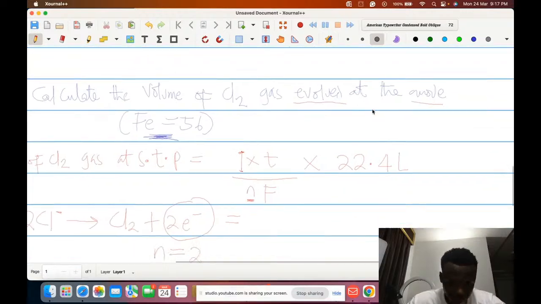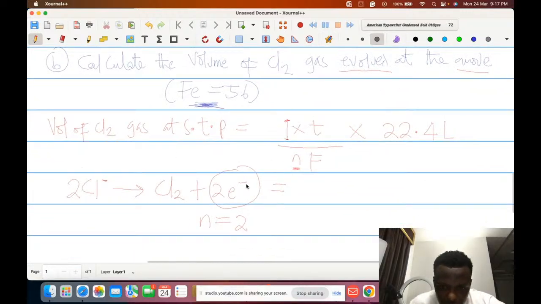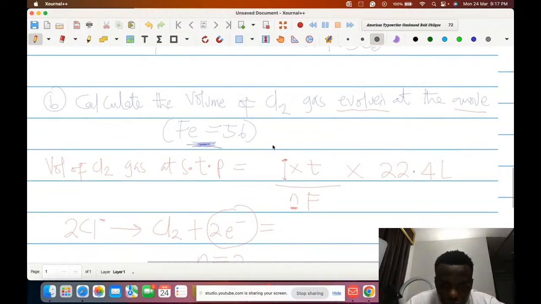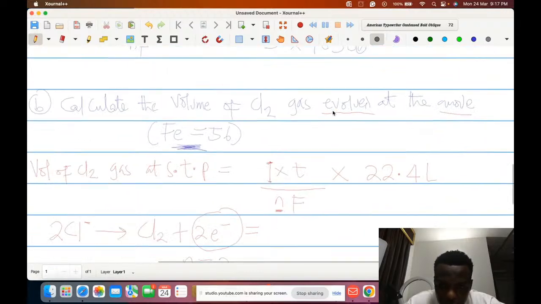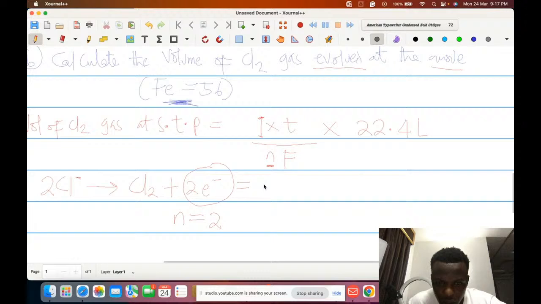So we say here, our current, which remember was 0.02 ampere. This was our current. Our time was 9,000. So you come here and you say your current is 0.02 times your time is 9,000.